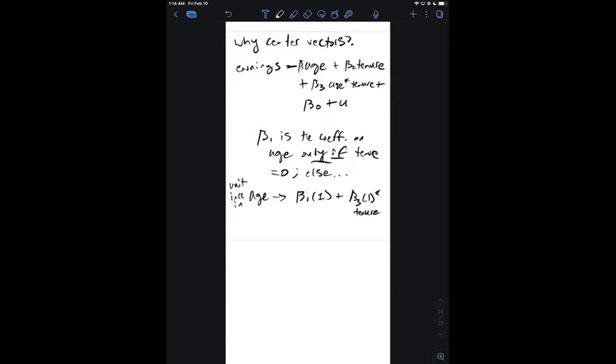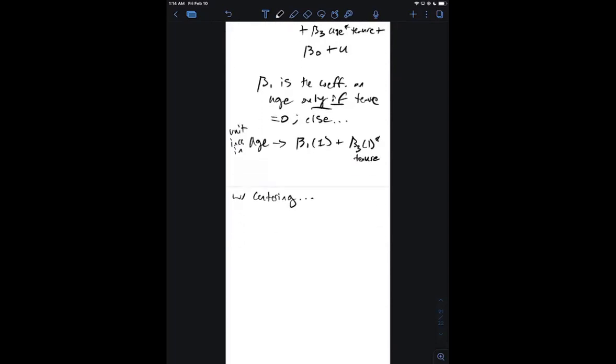So if you have centered vectors, then this is how this works. We would say that in many ways, this is actually a nicer interpretation.